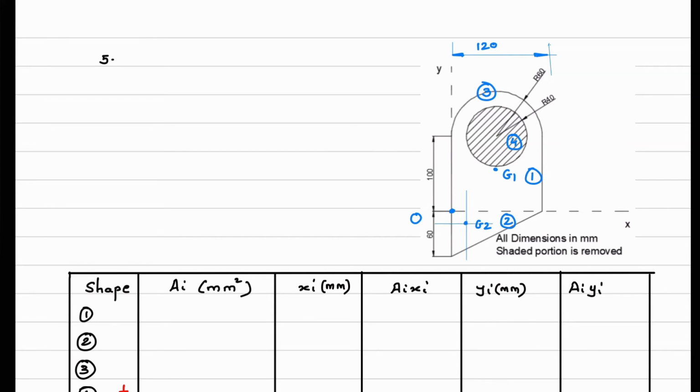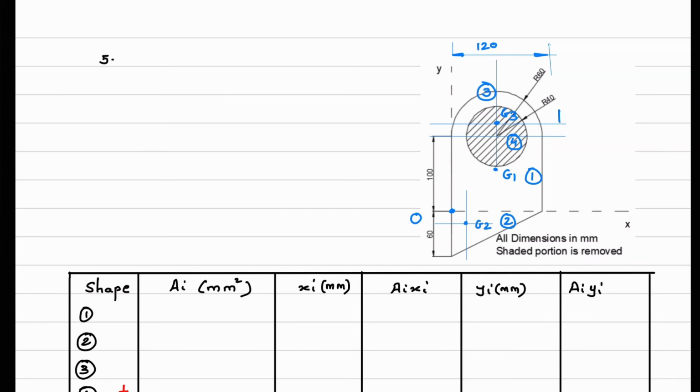Now the third geometry we are considering as a semicircle. What is the location of the centroid for a semicircle? This will be the location of the centroid, this point. So mark the centroid location. So this point will be G3.